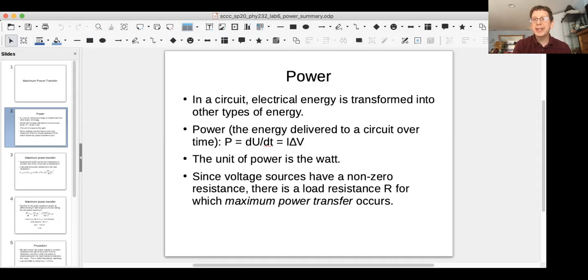Voltage sources have a non-zero resistance, meaning there's always some degree of internal resistance. So when you did the EMF experiment and you measured the voltage across the resistor, given the same output voltage, you measured the voltage across the resistor for 100 ohms and I think 1,000 ohms.